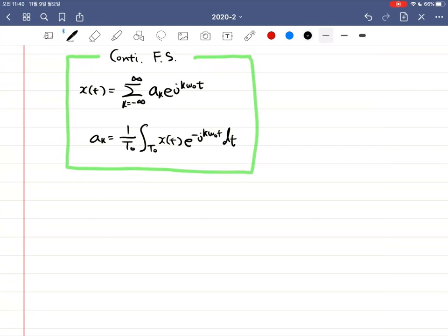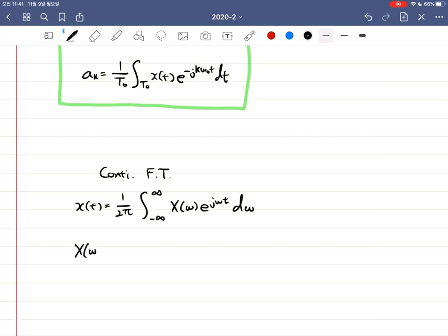And also, we extended this to the continuous time Fourier transform. To obtain the non-periodic continuous time signal, we have to do this: 1 over 2 pi times the integration over infinity of X(omega) e^(j omega t) d omega.